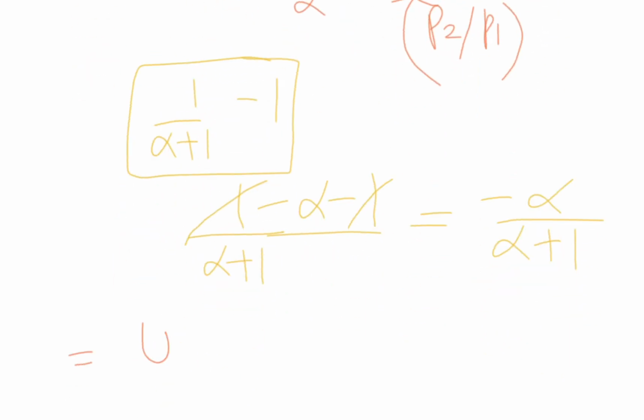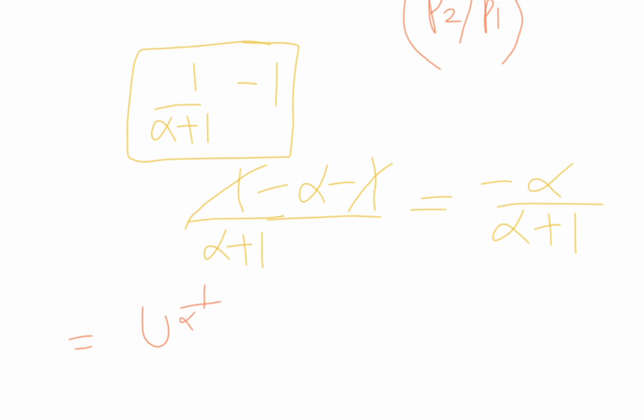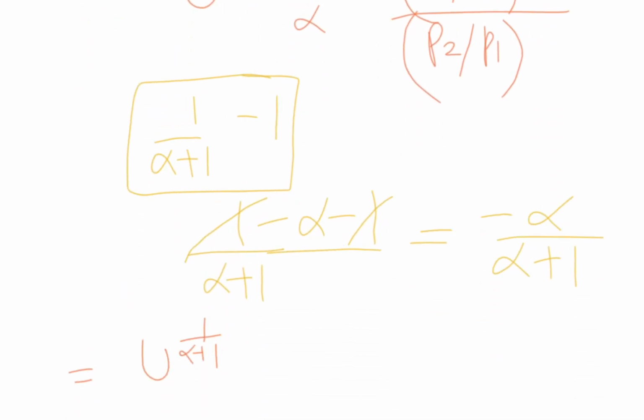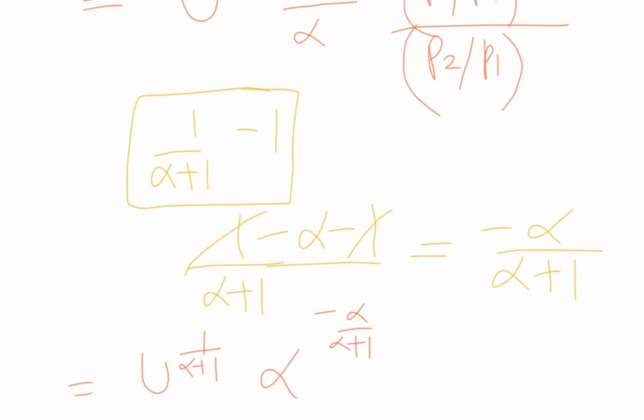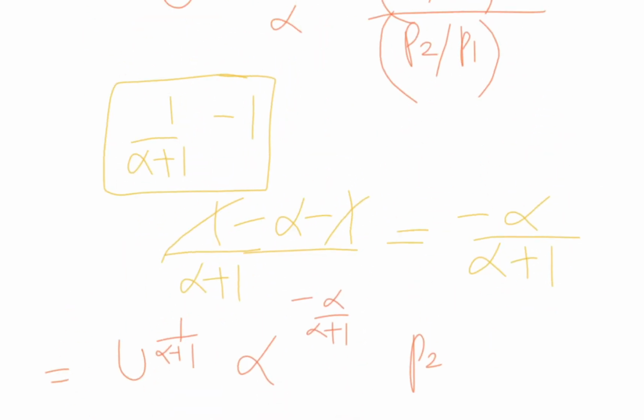So you'll get U, this one stays as it is, alpha plus 1. Alpha to the power 1 upon alpha plus 1 minus 1 gives us alpha to the power minus alpha upon alpha plus 1. And P2 upon P1 whole to the power minus alpha upon alpha plus 1.